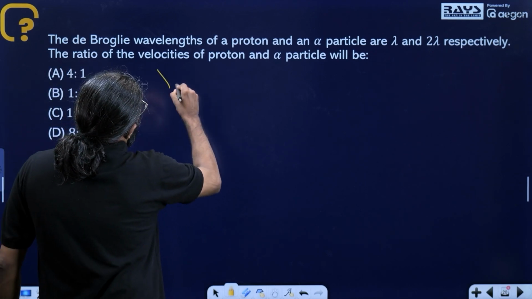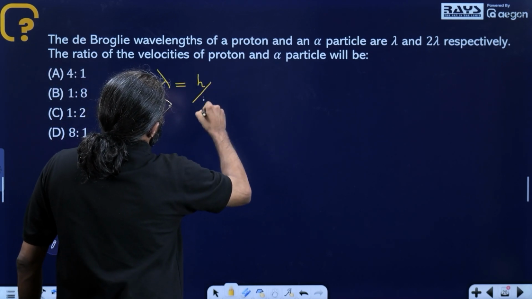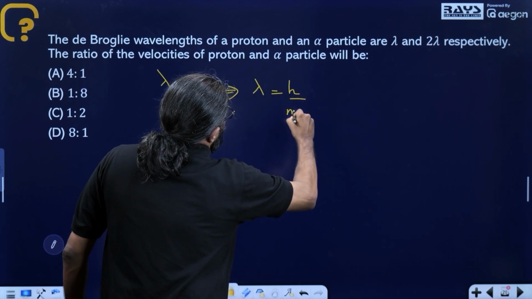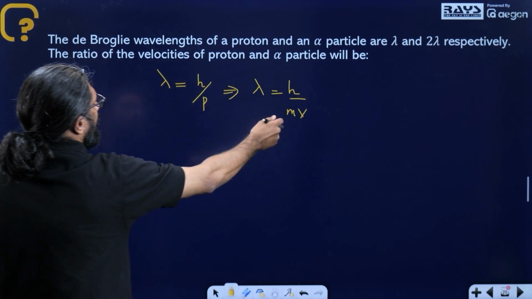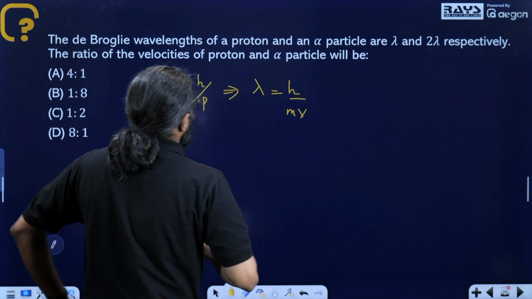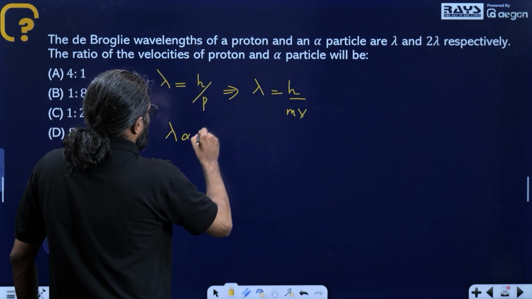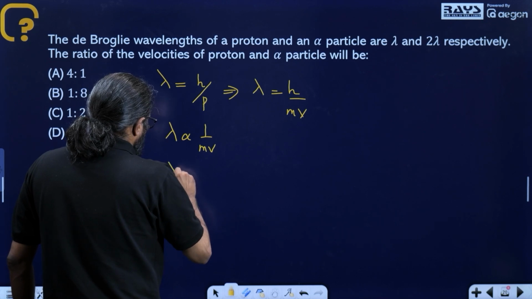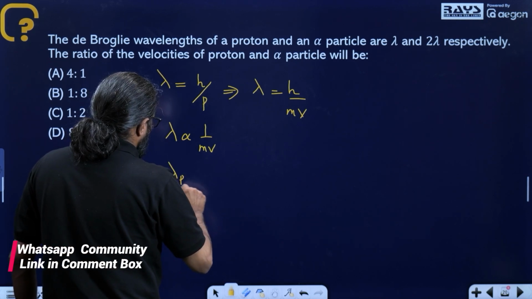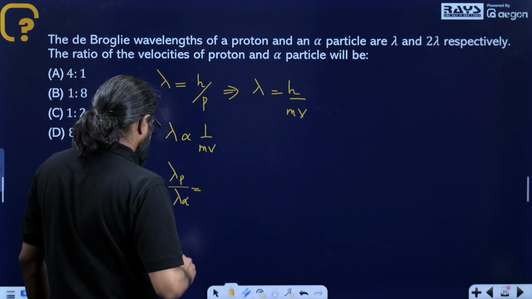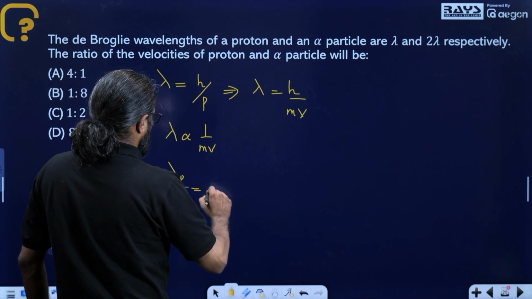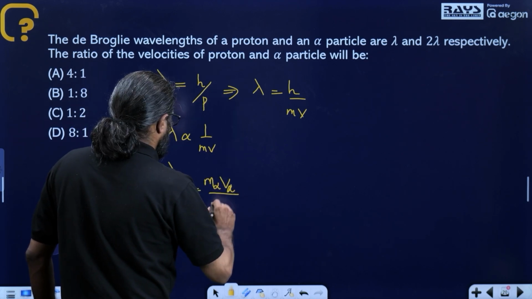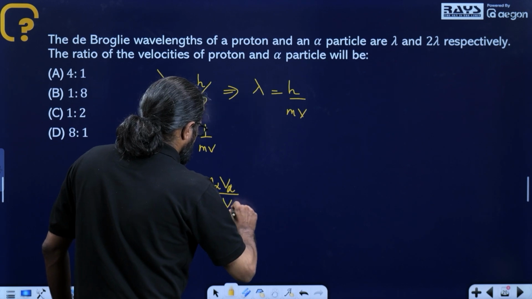Now, de Broglie wavelength lambda is equal to h by p, which means lambda is equal to h by mv. We need mass, we need velocity here, and we need lambda here. So it's very clear. Lambda is proportional to 1 by mv, or lambda proton by lambda alpha particle will be equal to m alpha v alpha divided by mp vp.